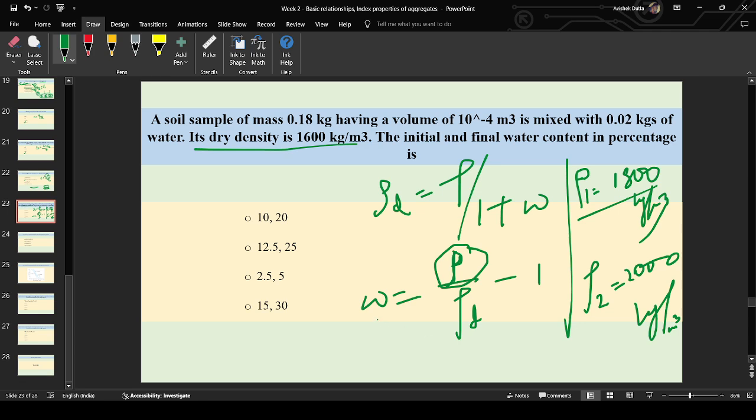Now using this, the two values obtained, as said earlier by someone, are: before the addition of 0.02 kg of water, the moisture content is 12.5, and after adding the water, the moisture content is 25, both in percentages. Clear? Sir, actually in this example, if anybody wants to save time in competitive exams, we can check the answer. The initial condition is enough. No need of the final.